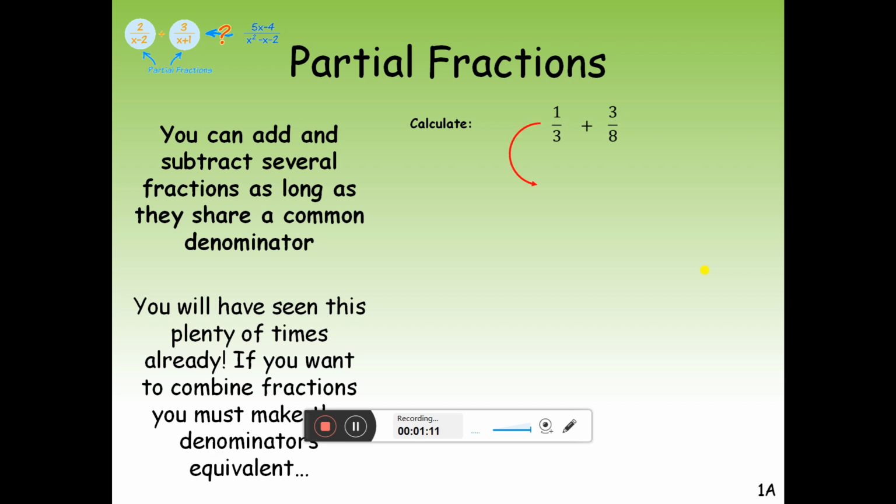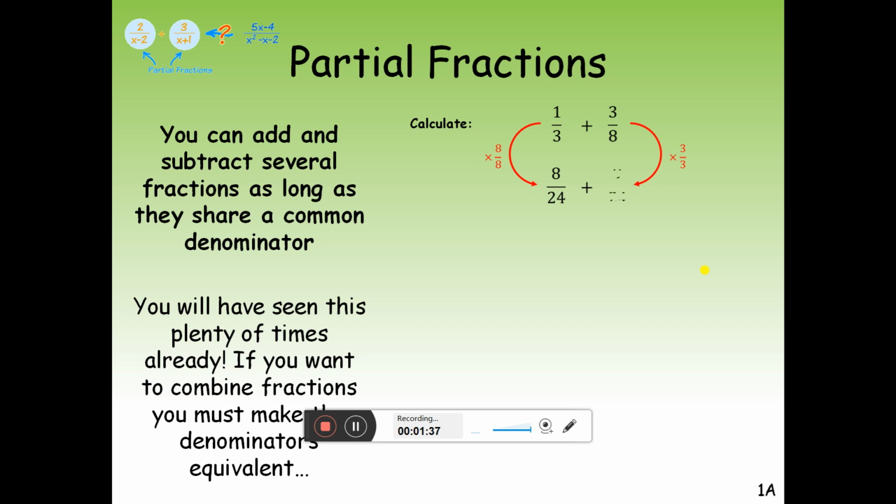So for making the denominator 24, we should multiply the first fraction, numerator and denominator both, by 8. For making the second fraction's denominator equal to 24, we have to multiply the numerator with 3 and the denominator with 3.